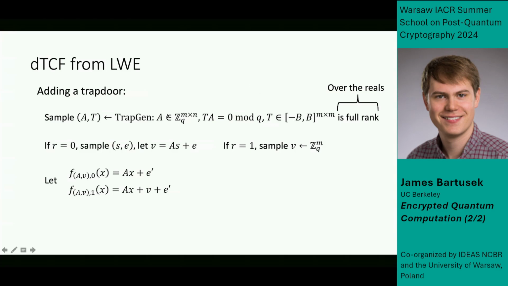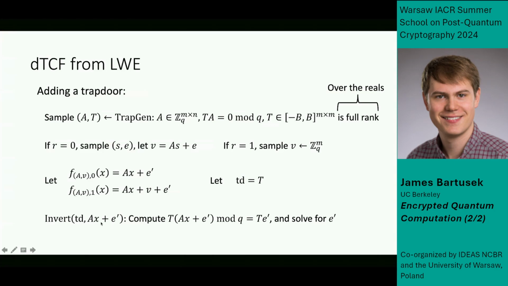The reason such a T is useful, and this was covered earlier in the week, is the following. This capital T is going to be the trapdoor of the claw-free function. And any vector in the image of these functions has the form A times something plus some small error.